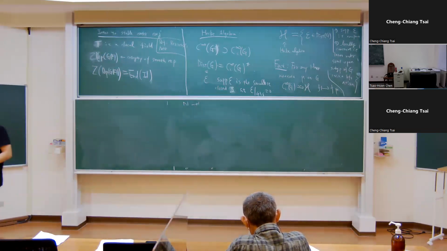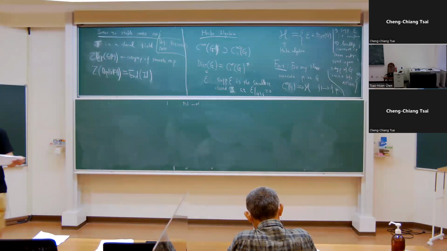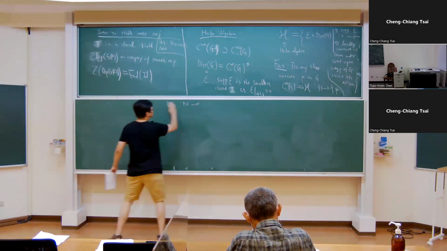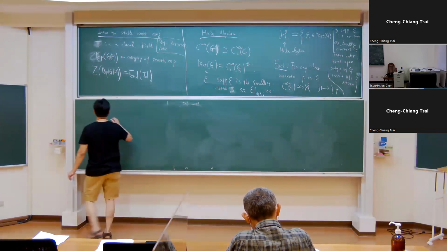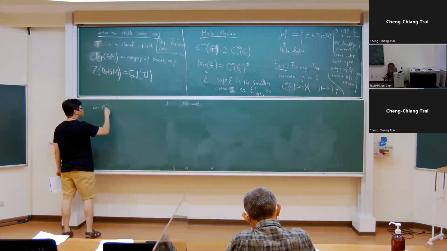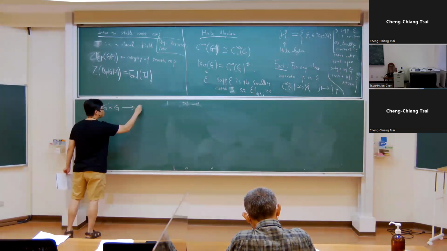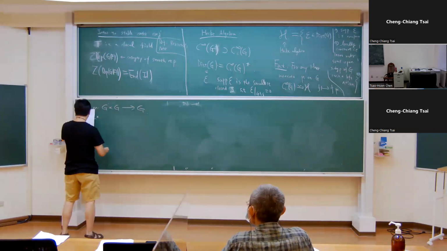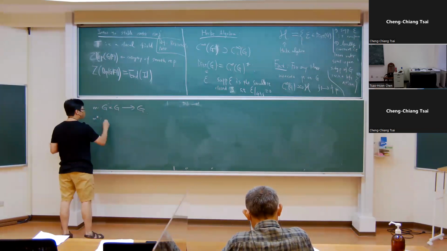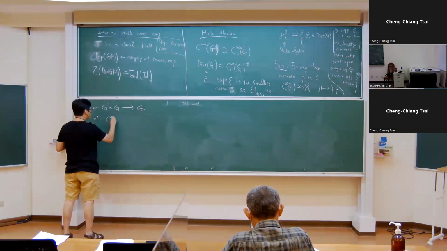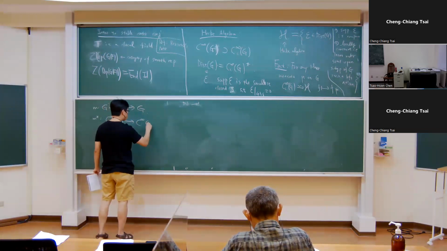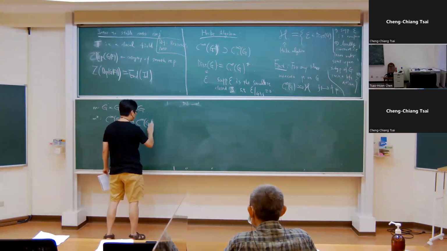So now let me remind you of this standard fact. First, if I have multiplication on G, then it induces a map from smooth functions on G to smooth functions on the product.